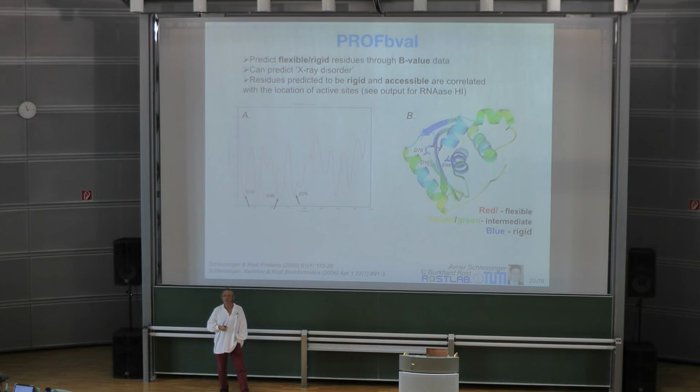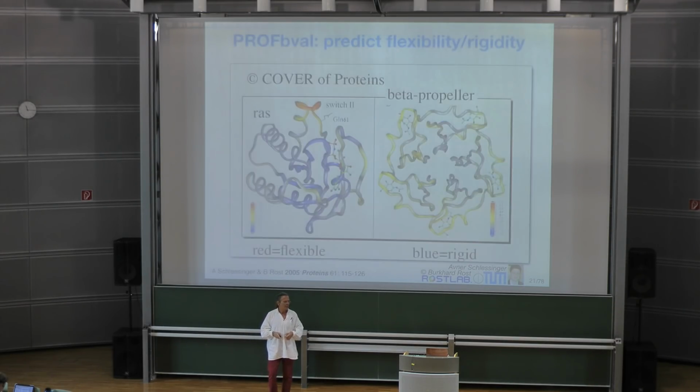The experimental B values that we get are specific for one particular protein. In order to have machine learning, we have to find something that is comparable between all proteins. And that means we have to introduce some weighing or some normalization. And that normalization brings a little bit the idea that you will somehow see it because it's enforced.